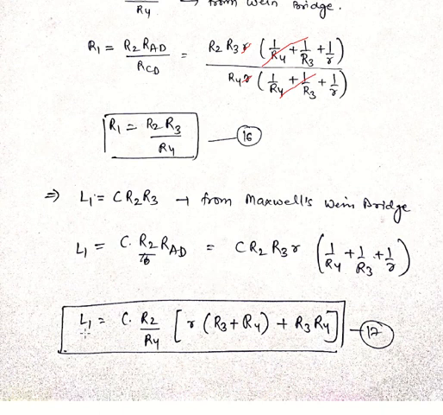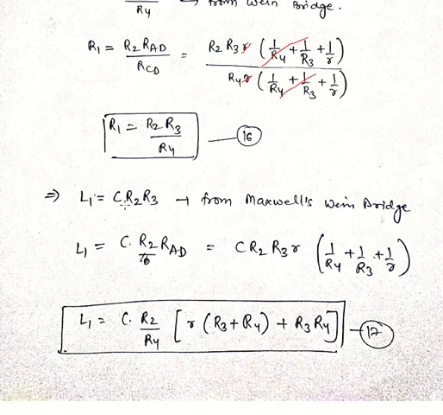Simplifying this term, we'll have L1 equals C R2 by R4 in bracket R times R3 plus R4, plus R2 R4. So we'll have our two unknown parameters R1 and L1 by directly comparing our equation with the Maxwell-Wien bridge.